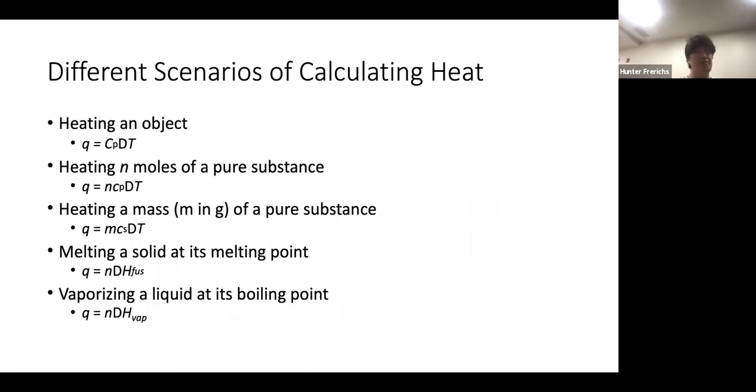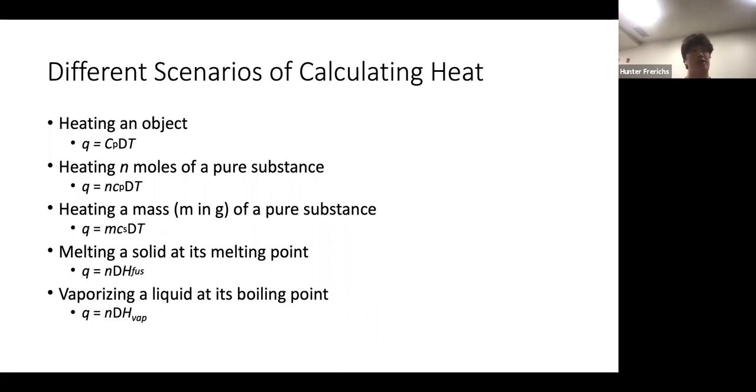There are actually different scenarios where you can be calculating heat. Like we discussed earlier, there's just heating of an object, which is Q equals CP delta T. Then you can be heating n moles of a pure substance, so you're using the number of moles, which is Q equals n CP delta T. Or you could be heating a mass in grams, where your specific heat comes in.